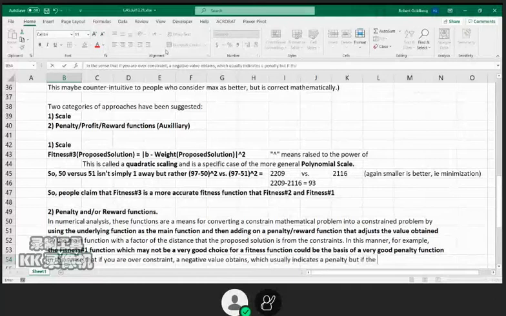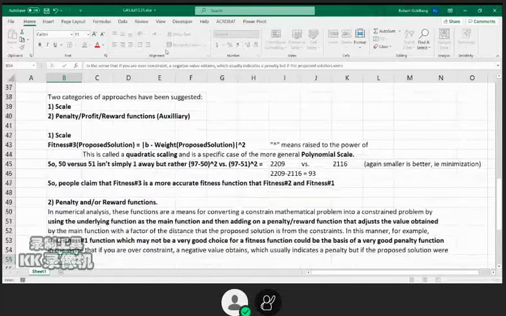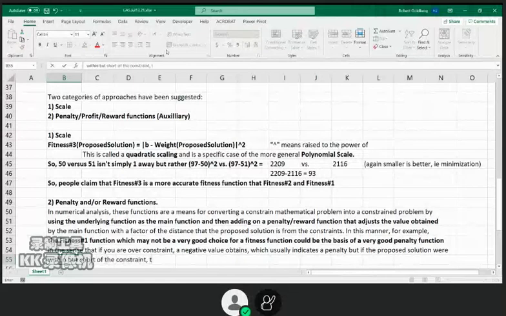But if the proposed solution were within, but short of the constraint, then a positive value would result.